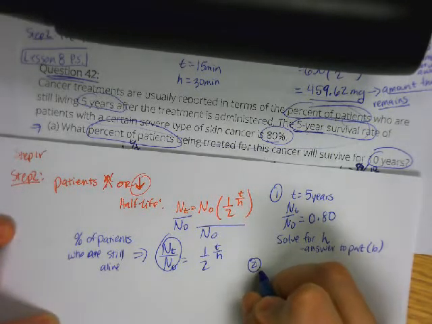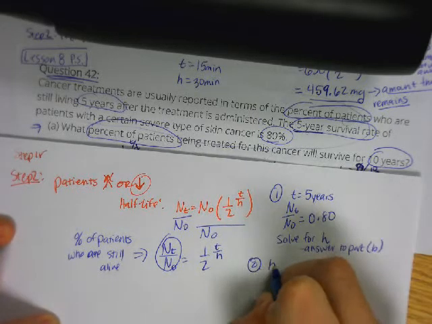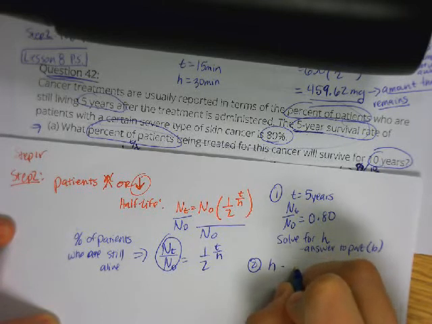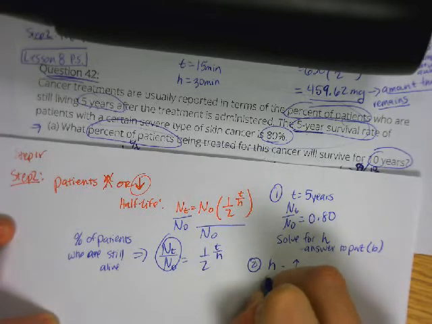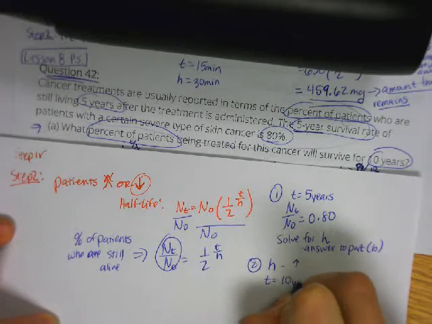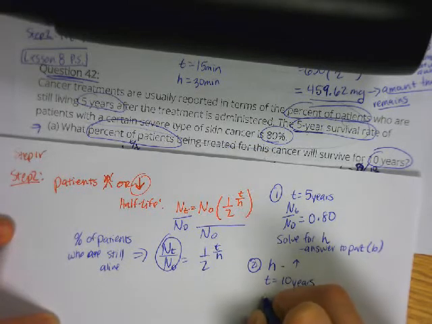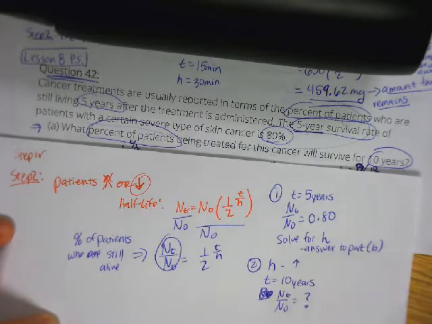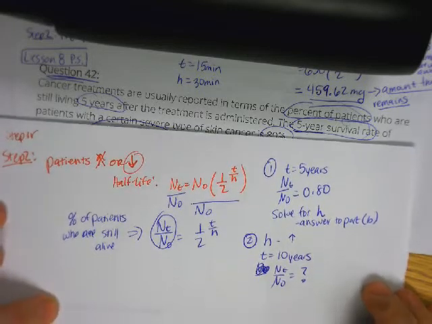So in part A, you'll use your H, which we just got, and your T will be 10 years. And your NT divided by N0, that's your question mark. Oh, sorry.